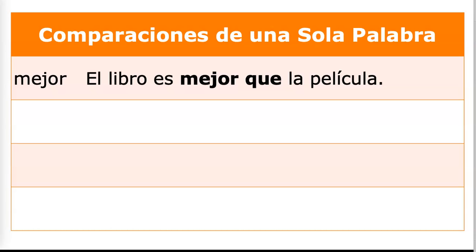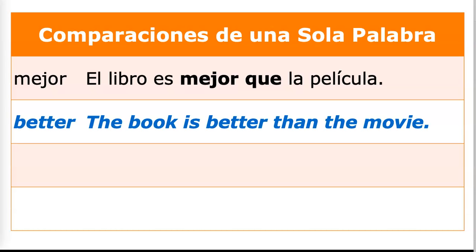Now, sometimes we make a comparison and we use only one word, like mejor. Our sample sentence, el libro es mejor que la película. In this context, mejor means better. The book is better than the movie.